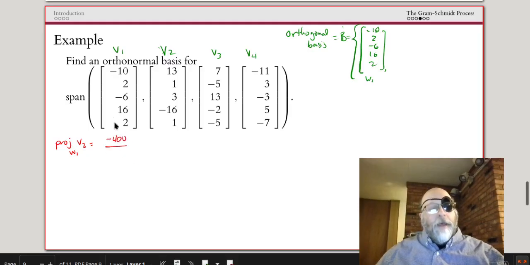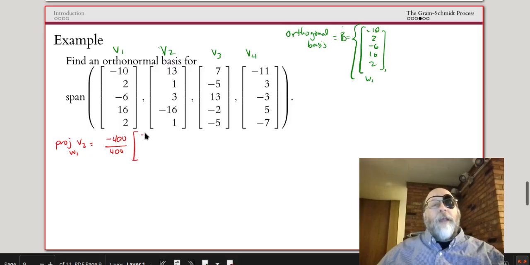And then W1 dot with itself is 100 plus 4 plus 36 plus 256 plus 4, which turns out to be 400, times W1, which is -10, 2, -6, 16, and 2. Again, I should have written the formula here.